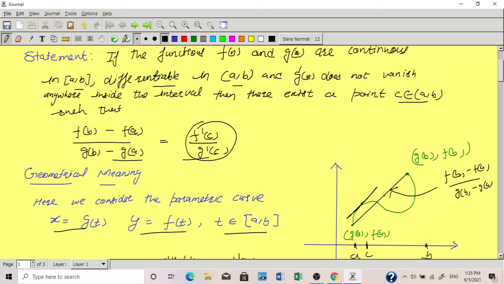This is the geometrical meaning of the Cauchy mean value theorem: there exists a c where the tangent line is parallel to the line joining the end points of the curve.